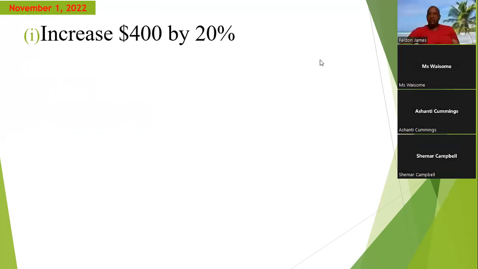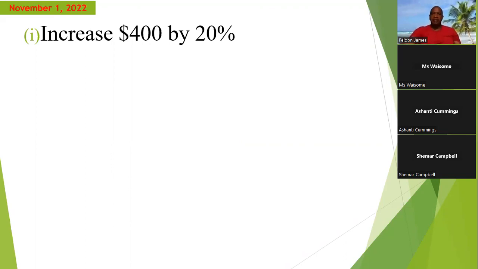All right, so tell us what to do here. 20 over 100 times 400 over 1. All right, so you're saying 20 over 100 times 400 over 1.